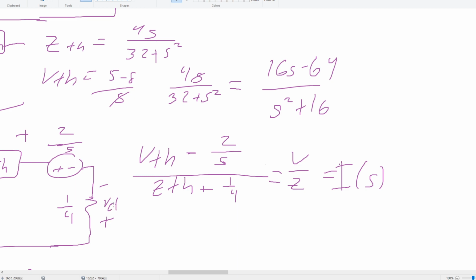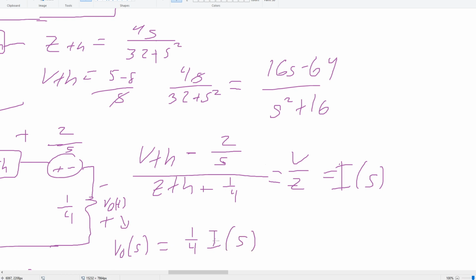V0 was over here, right? V0 was over here, and this is V0(s). And to find V0(s), you do the resistor value, 1/4, or the impedance value, times Is, right?